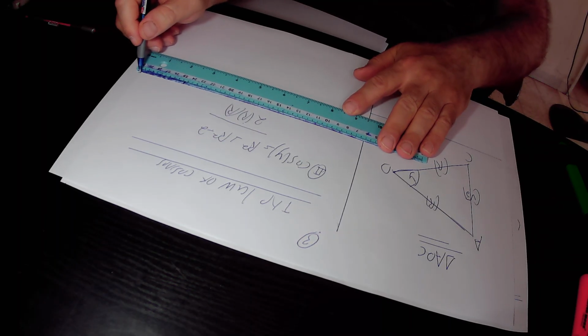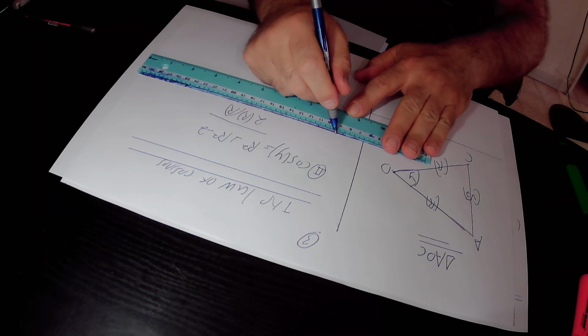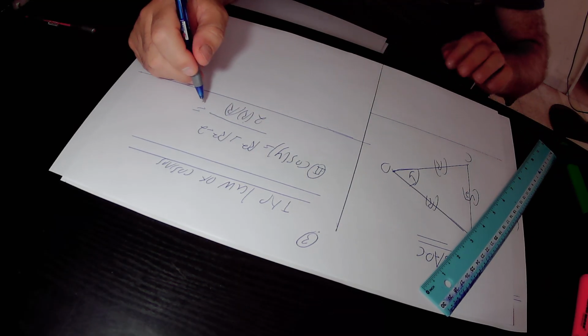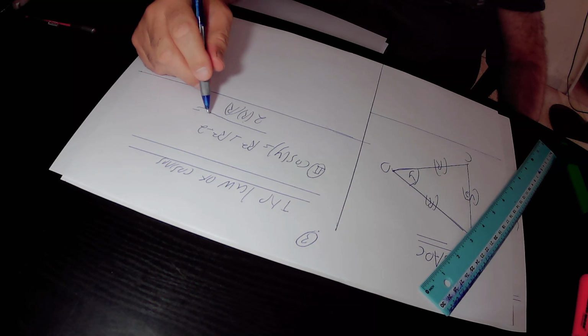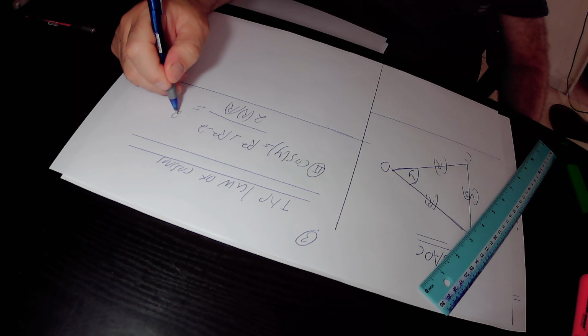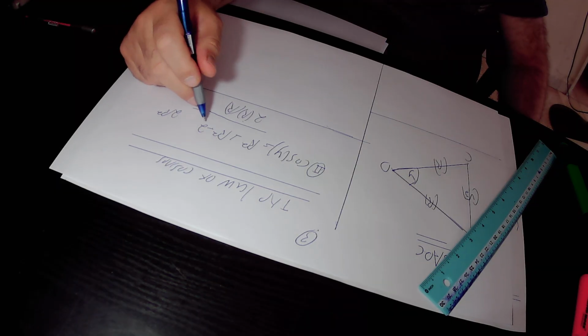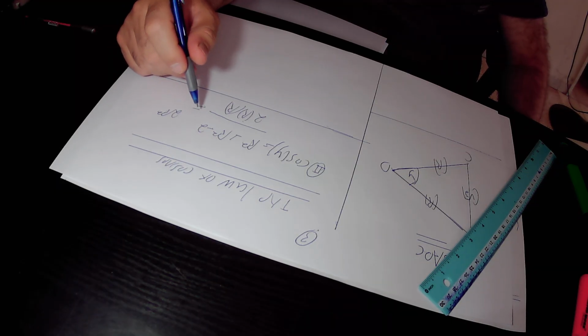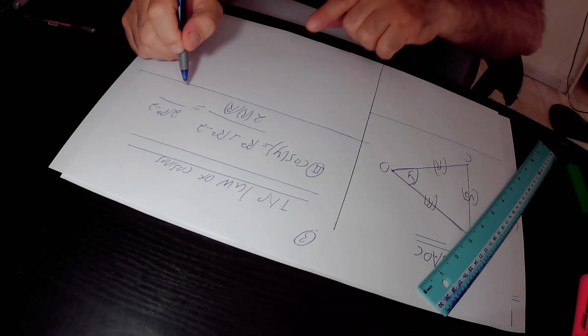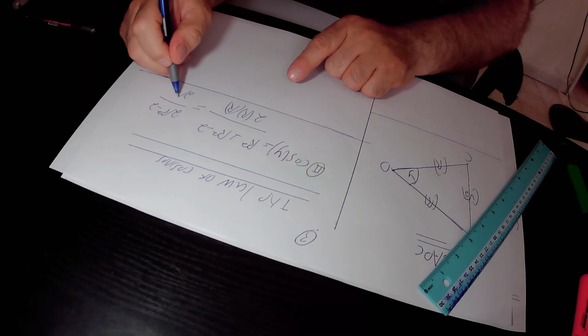So in conclusion, according to equation 2, cosine Y equals R squared plus R squared minus 2 over 2 times R times R. R squared plus R squared is 2R squared. So in the numerator we have 2R squared minus 2, divided by 2R squared.